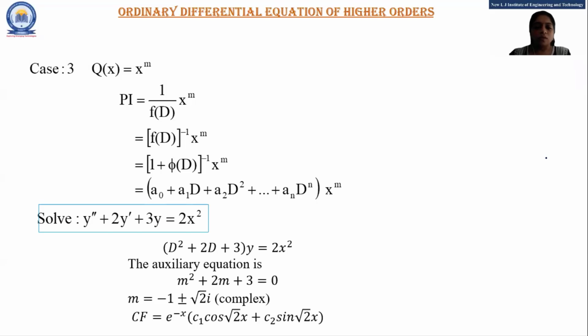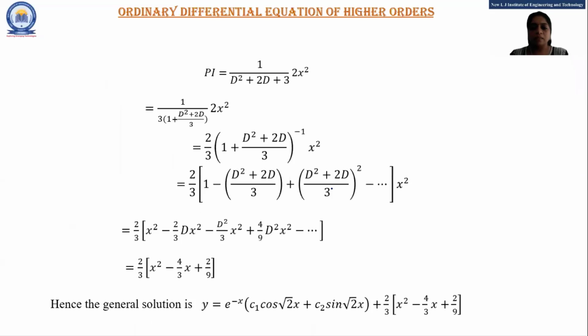Now, for the second part, that is the particular integral. For the particular integral, PI is equal to 1 upon the function of D, that is D square plus 2D plus 3, into 2x square. As you know, here we are going to replace this function of D in 1 plus phi D form. And as I told you yesterday, first we have to take our constant term common.